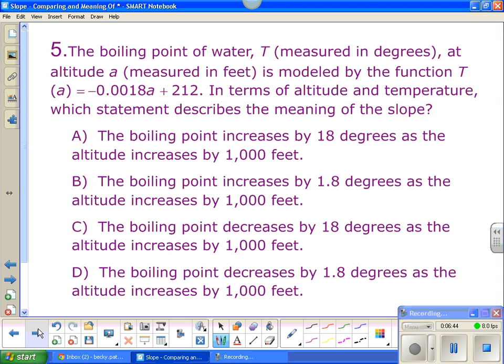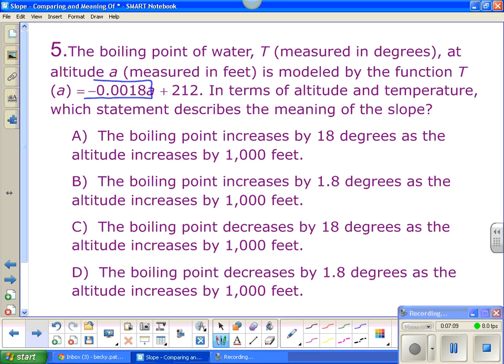The boiling point of water, T, measured in degrees at an altitude A, measured in feet, is modeled by the function T of A equals negative 0.0018 A plus 212. In terms of altitude and temperature, which statement describes the meaning of the slope?